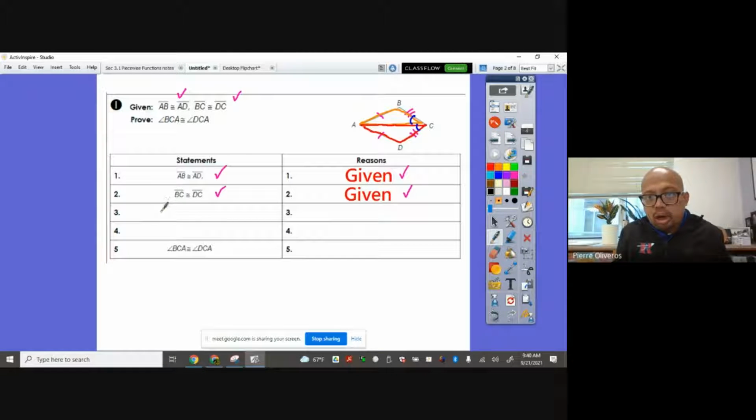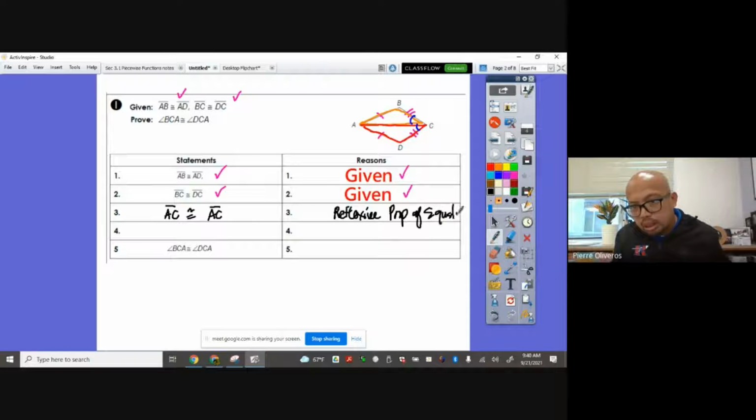So I know for a fact that AC is congruent to AC. What's the reason there? It's called reflexive property of equality. That means this side is congruent to itself because they're sharing the same side.